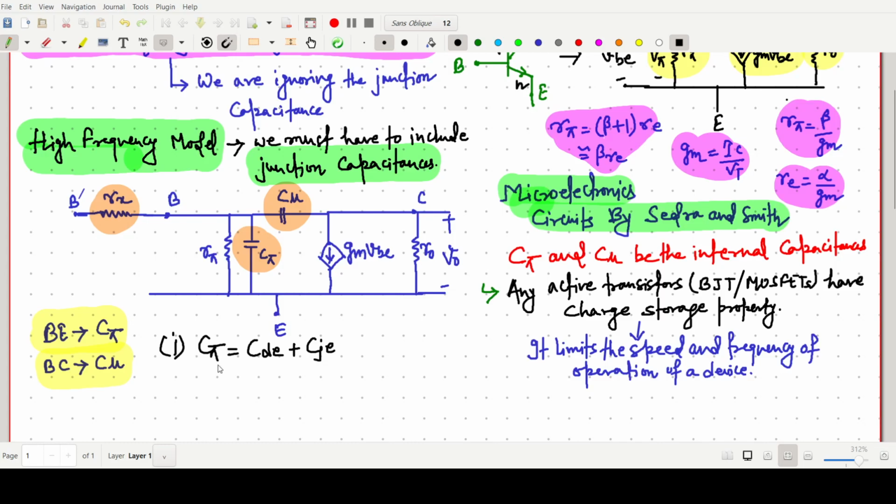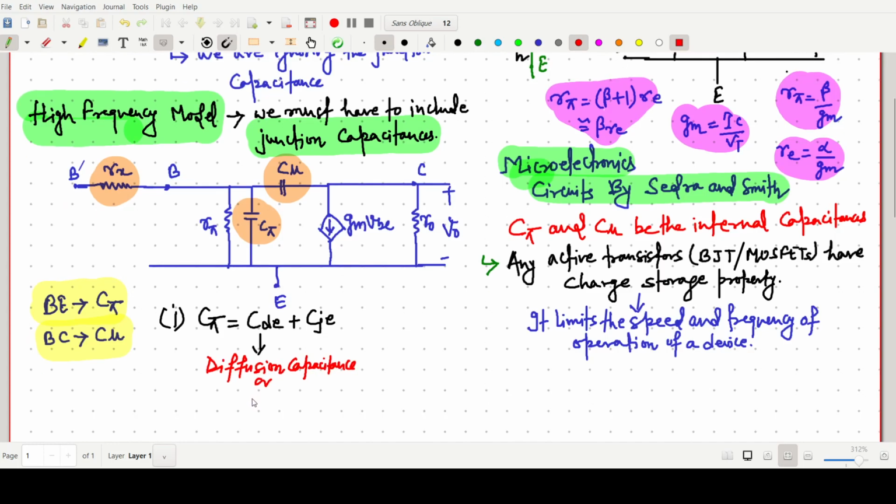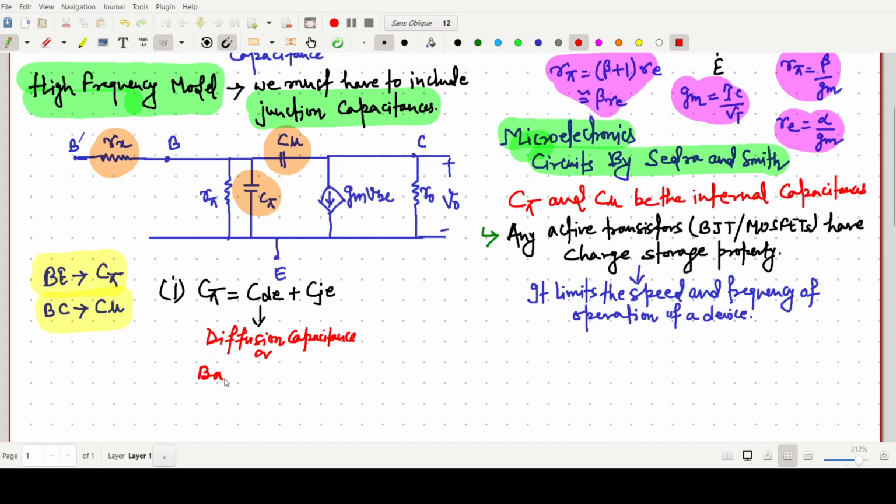So this C pi, the capacitance between the base and emitter, is nothing but simply CDE plus CJE, where this CDE is nothing but simply our diffusion capacitance, or we can write it base charging capacitance.